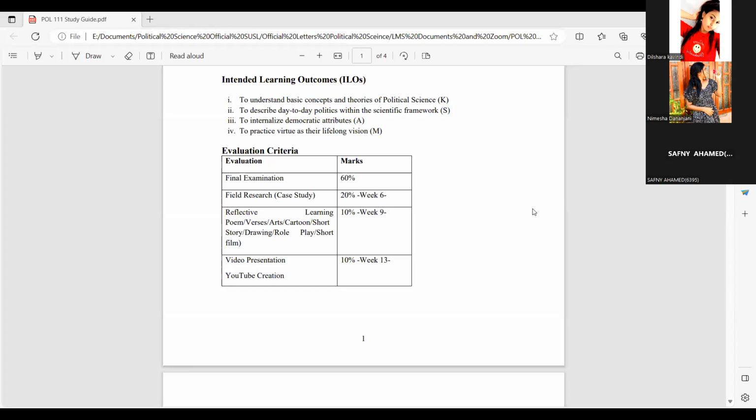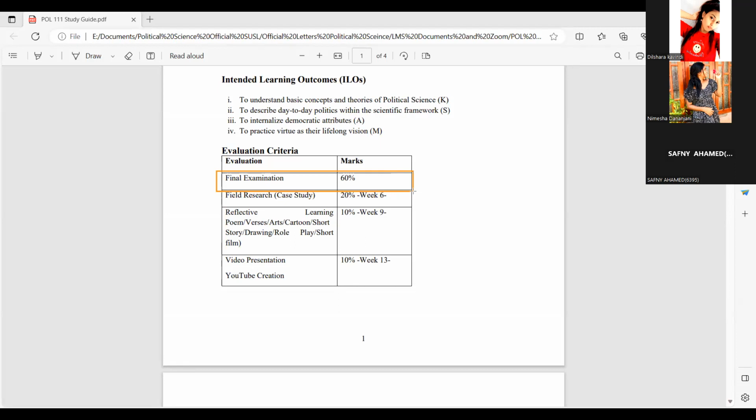So where we discuss, we just started to talk about our study guide, and we were on the matter of evaluation, right? We were on this point, the final examination.